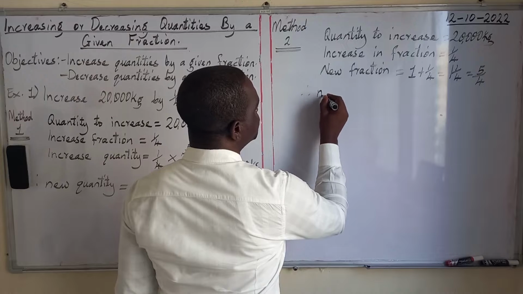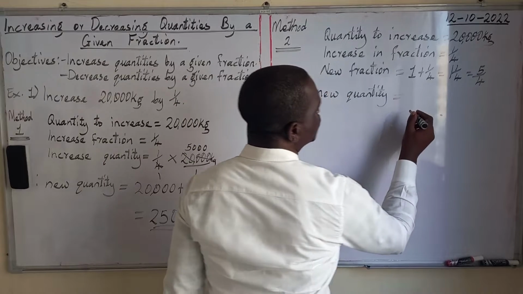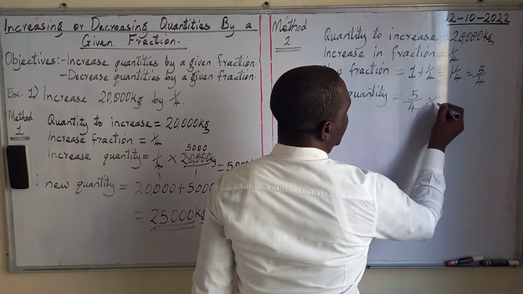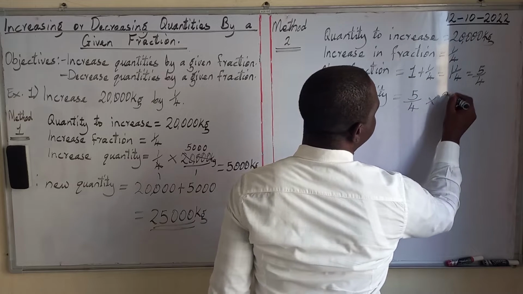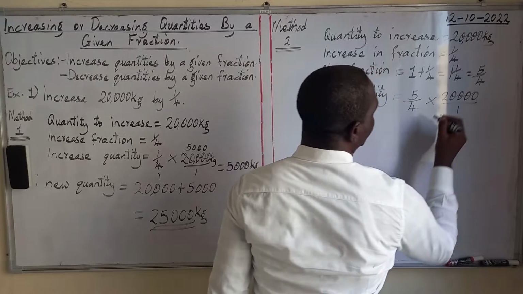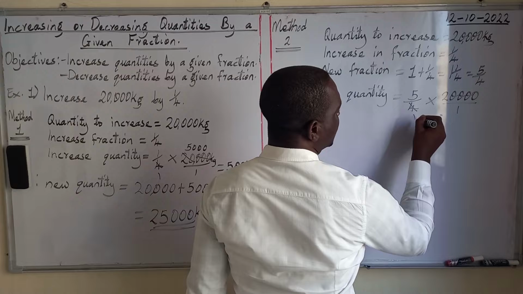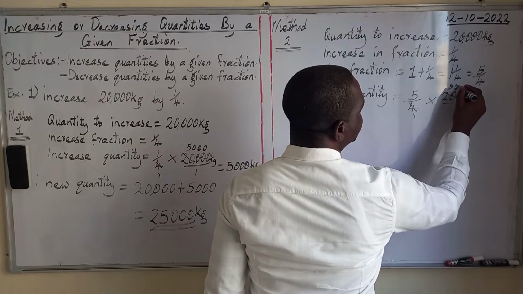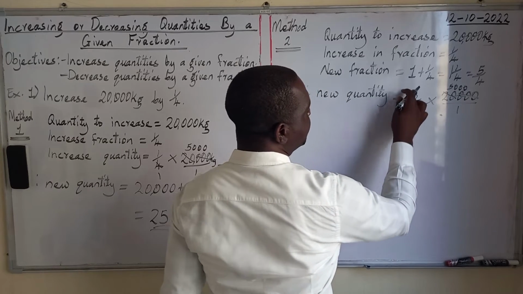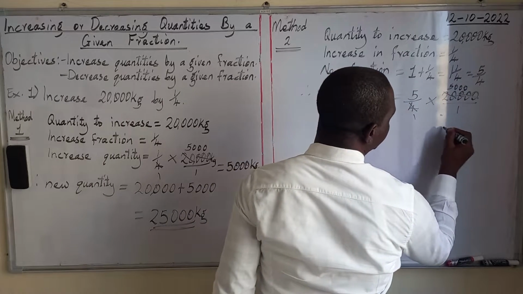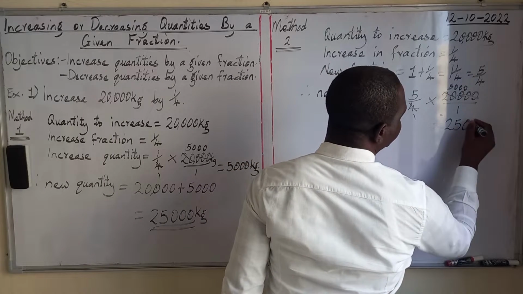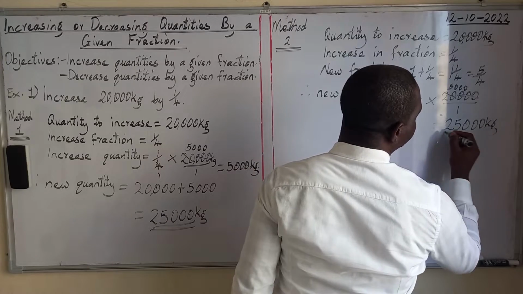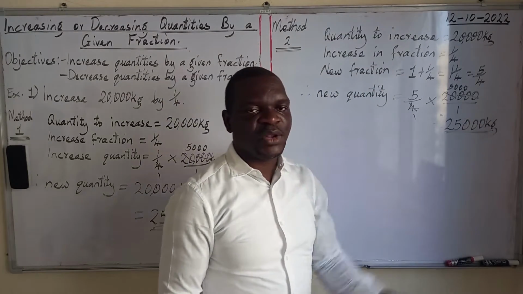Therefore, new quantity will be equal to 5/4 times the old quantity, which is 20,000 over 1. 4 can divide itself 1 time and 4 can divide 20 5 times. These 3 zeros will follow. This is 5,000. So 5 times 5,000 is going to give 25,000. Never forget your units. 25,000 kilograms.